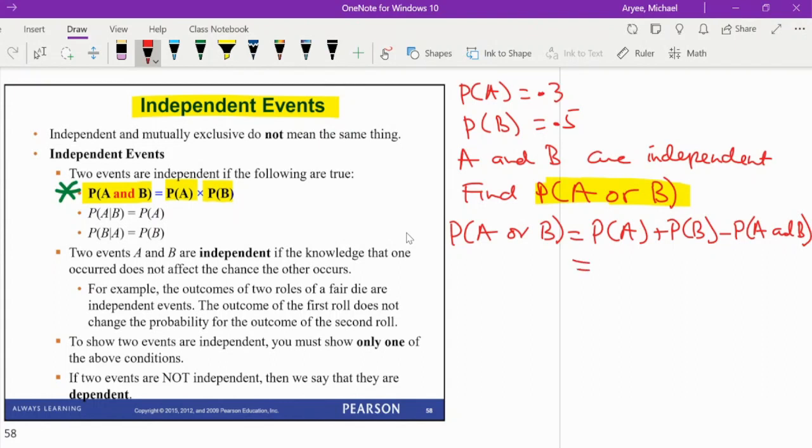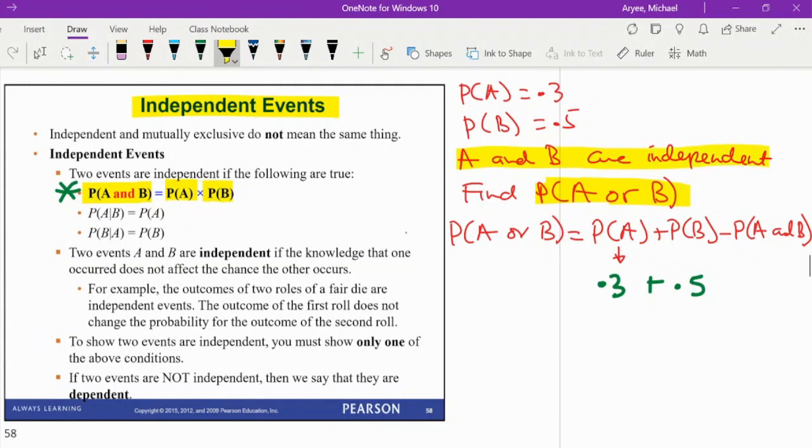Now, P of A in this case happens to be 0.3. P of B happens to be 0.5. However, they said that A and B are independent.